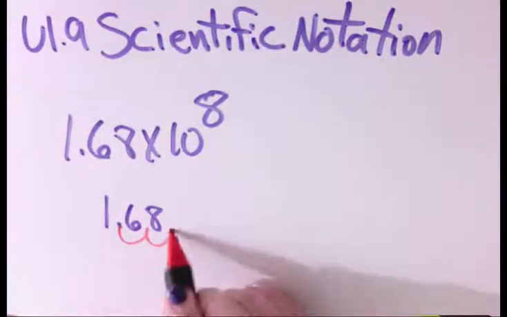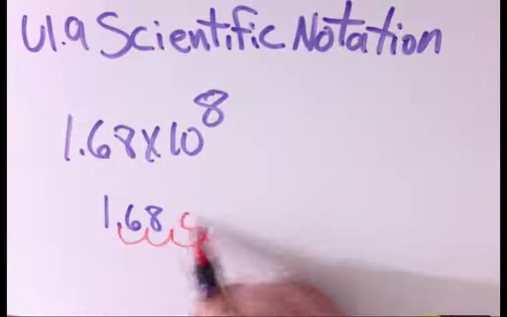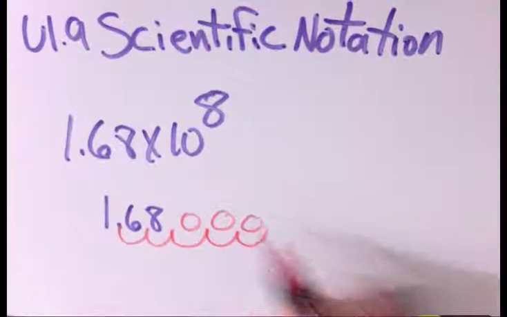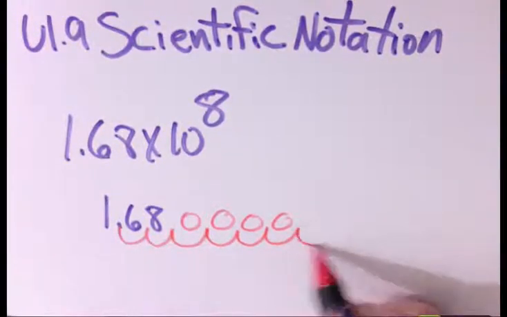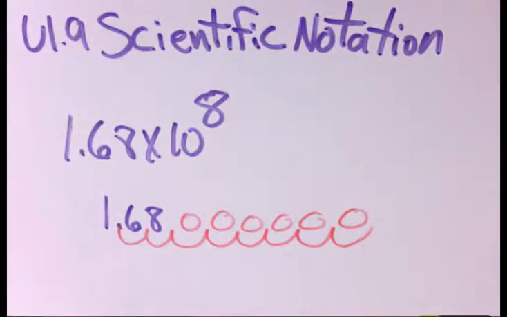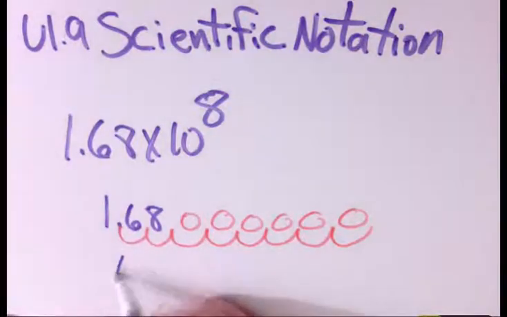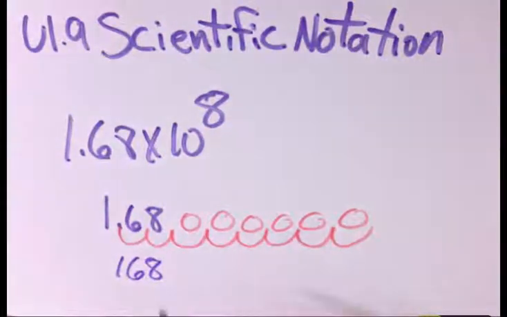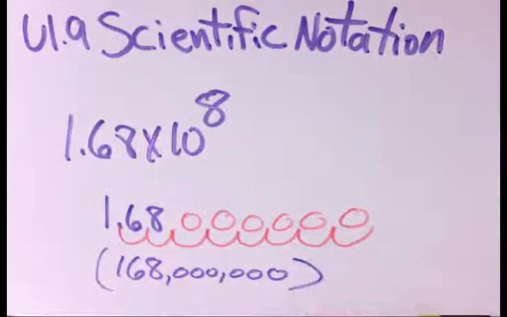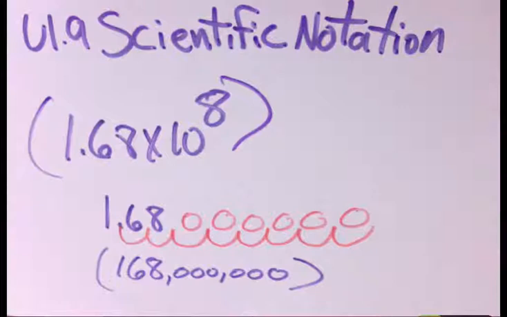So 1, 2, 3, 4, 5, 6, 7, 8. So then we can just rewrite it so it looks a little neater. And that is our standard form and our scientific notation form of the same number.